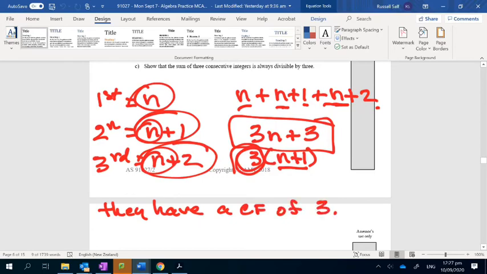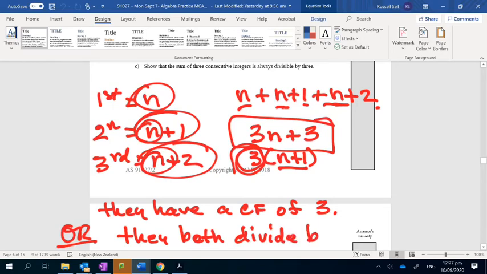And common factor means that they both divide by what? Or you could write, or they both divide by 3. Right? Because you're saying they divide by 3. So both numbers divide by 3, therefore they both divide by 3. Okay? All right.